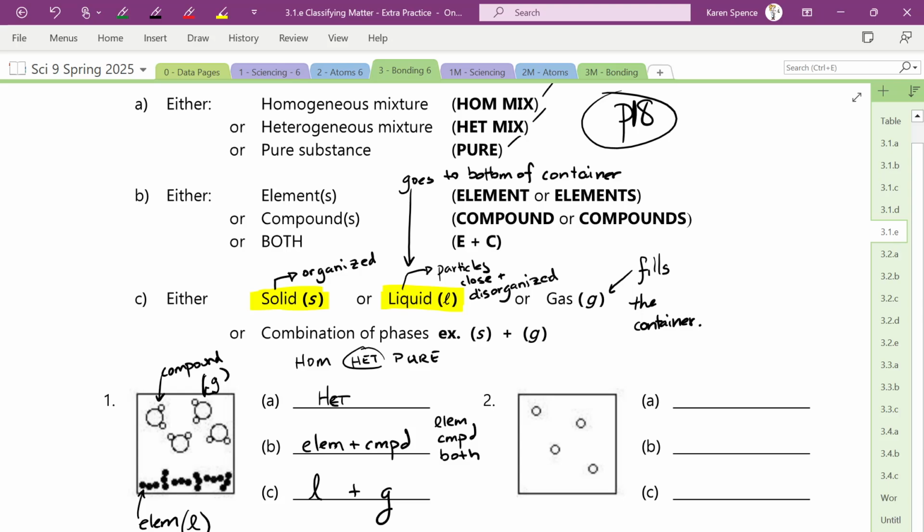Now, what I want you to do is draw me a Bohr model for the atom.